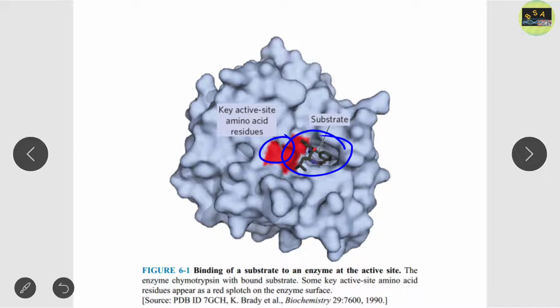Suppose A wants to combine with B, then it needs some force through which they combine. So in the case of an enzyme, the substrate binds to the active site.